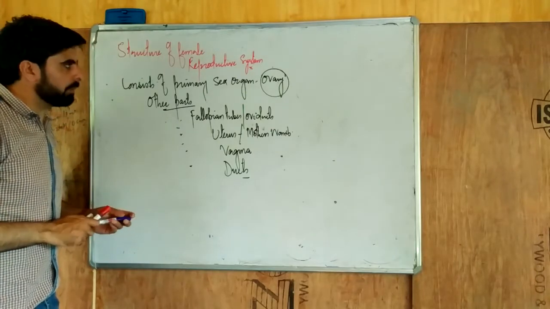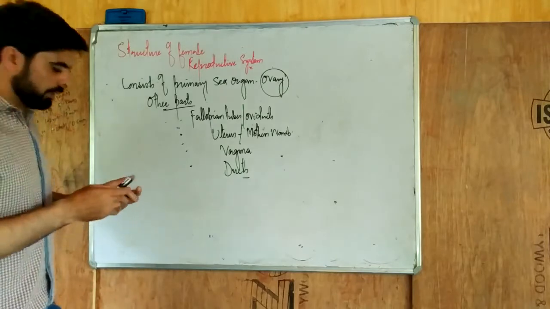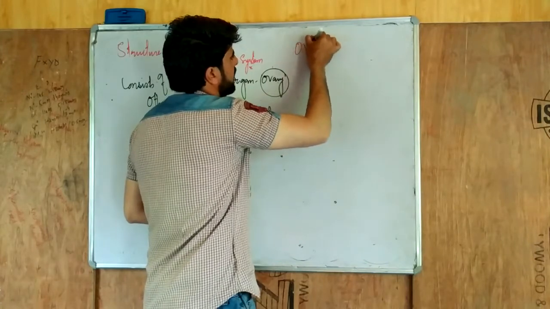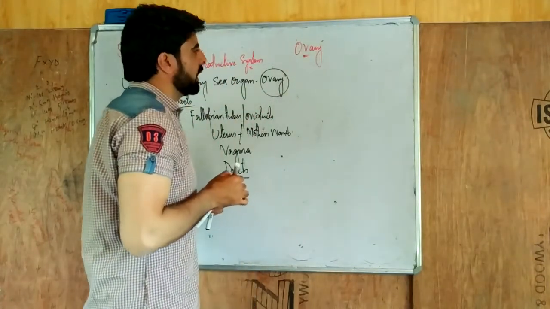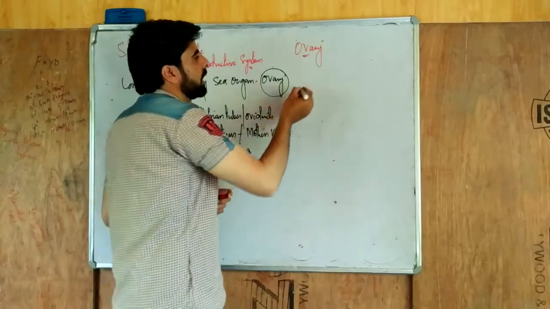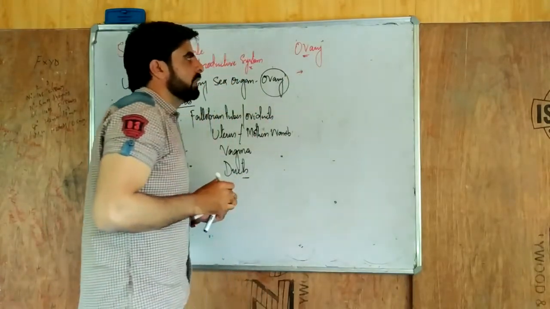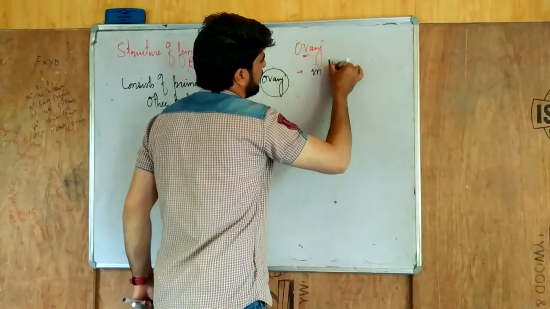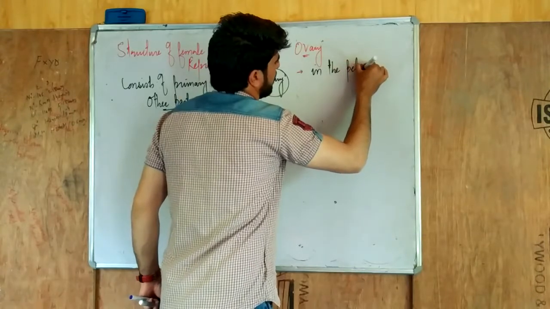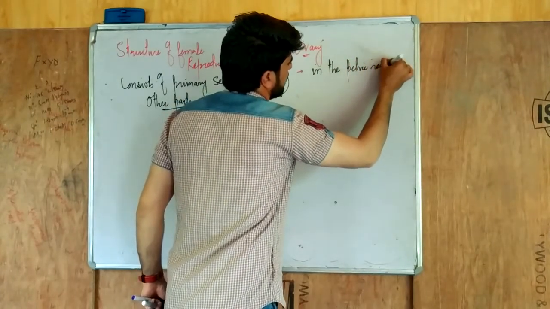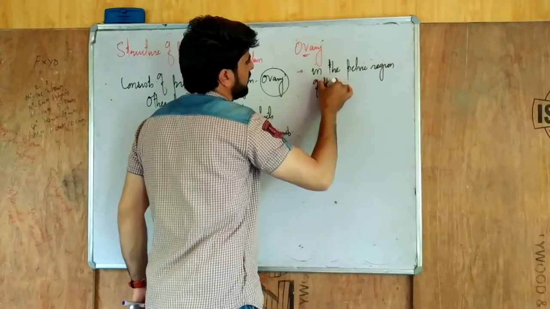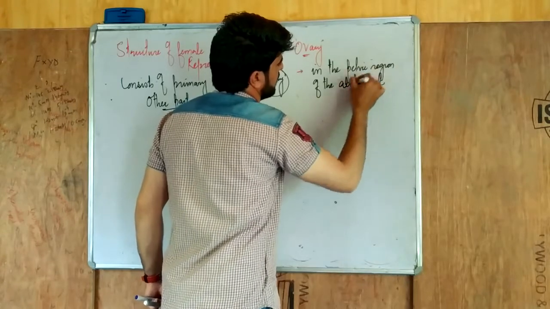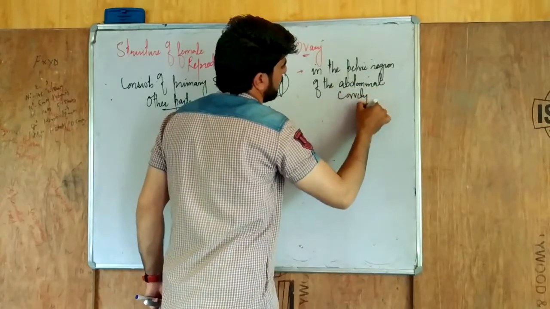Let's take the first part of the female reproductive system, the ovary. The ovaries are located in the pelvic region of the abdominal cavity.